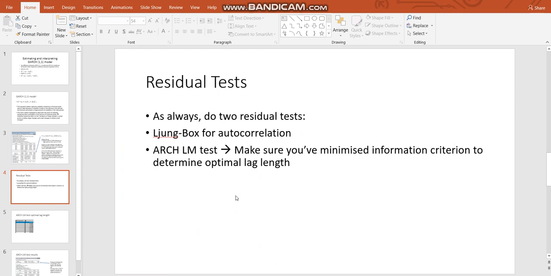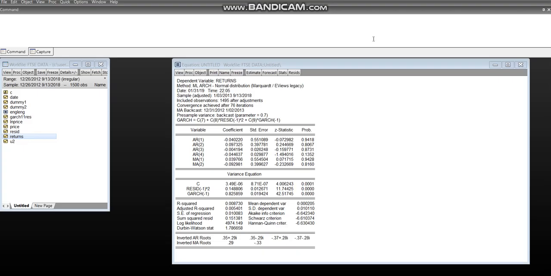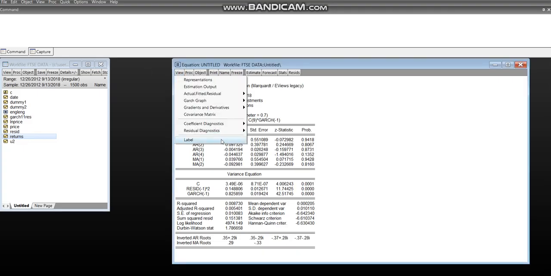And so after that, again, do your residual tests. Obviously you're just doing the Ljung-Box test for autocorrelation, and when you're doing the ARCH LM test, make sure you've determined the optimal lag length first. So again, very quickly, doing the residual diagnostics for our GARCH model.